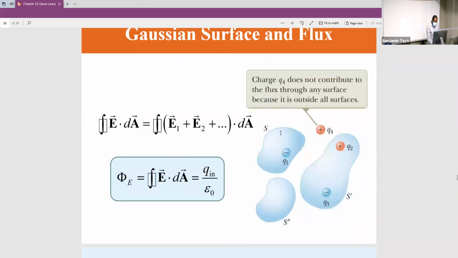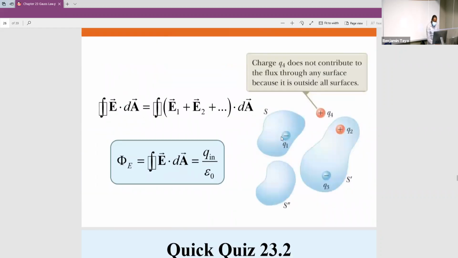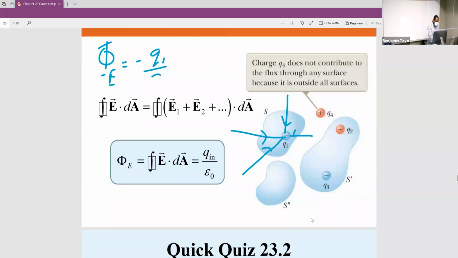All right. Now, this is what you're going to see in your homework. For example, if you have a negative charge here, field lines always point into that negative charge. It means that the flux here is just going to be equal to negative Q1. Now, how about if you have Q2 and Q3?